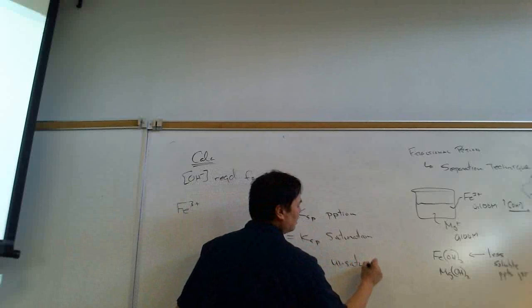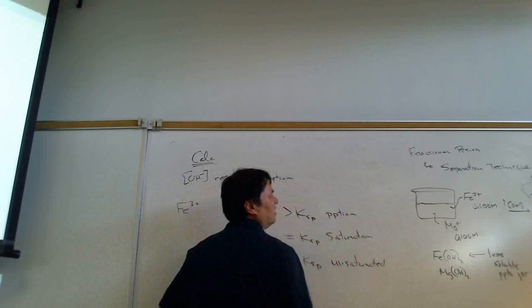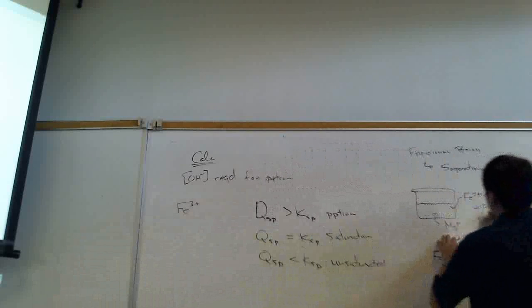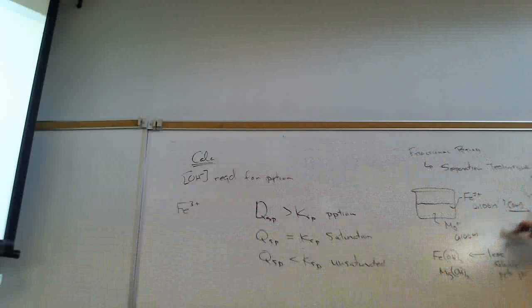Nothing should precipitate. So when we're down at these low concentrations, QSP is less than KSP, and then we hit this. We increase the hydroxide so that QSP is now equal to KSP. And if we further increase the hydroxide, QSP is going to be greater than KSP, and we get precipitation.